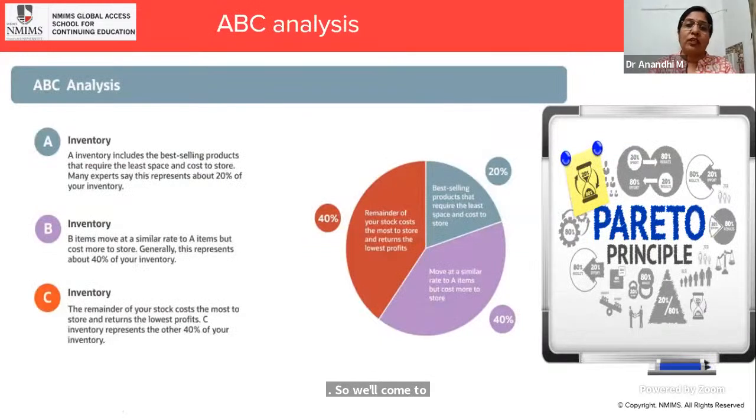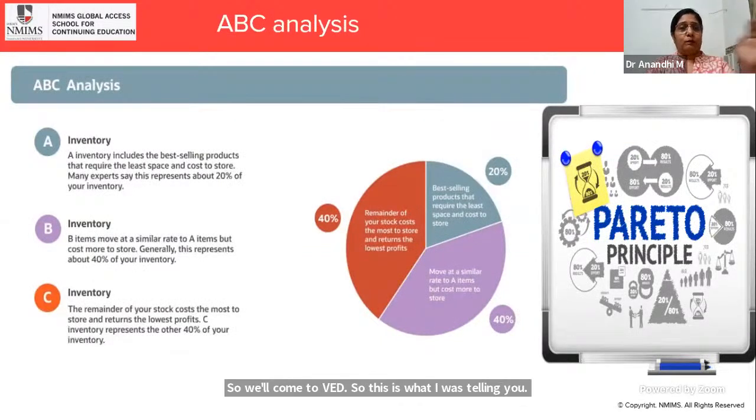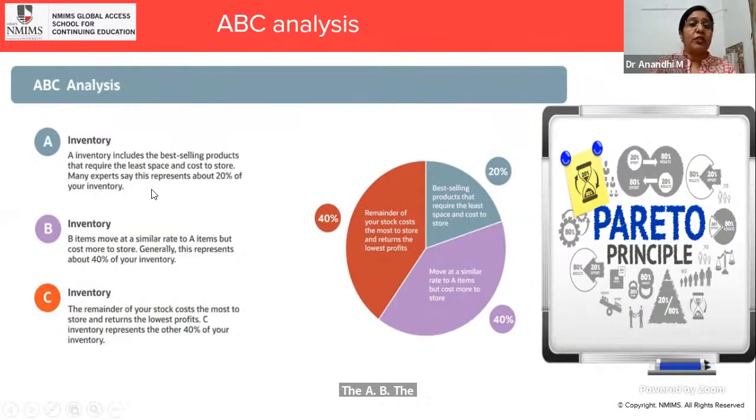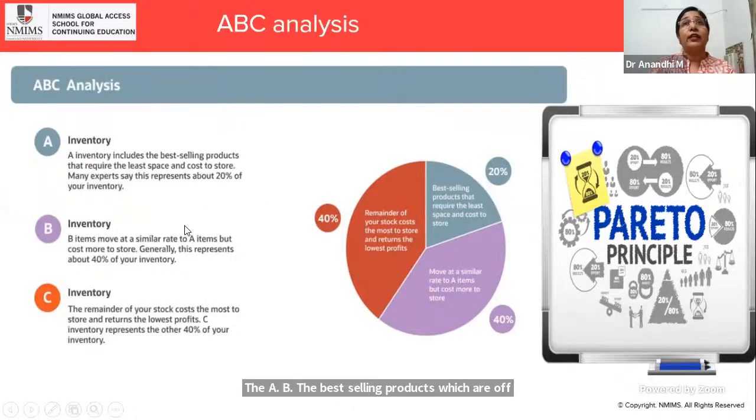So this is what I was telling you. The A, B, C analysis is the best selling products which are of very high value, which generates more revenue to the unit on the whole, are called as A category items, and which are moderate in value and moderate sales, B category, and C is which are very less in value.